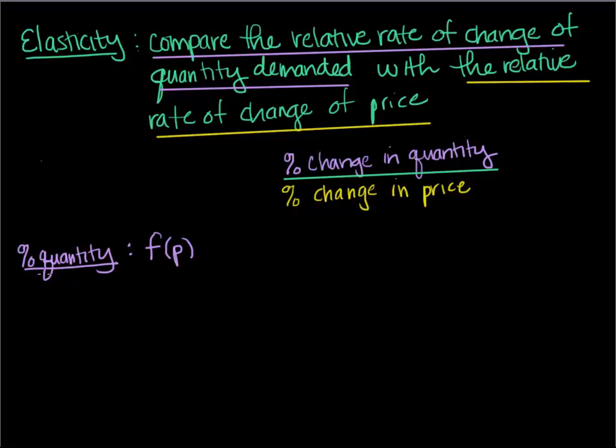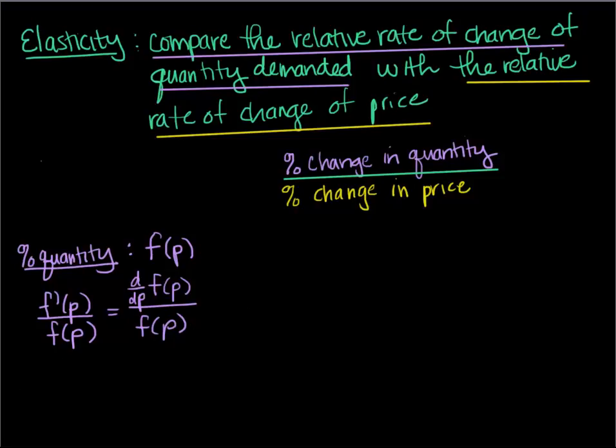So my percent change in quantity is going to be f primed of p divided by f of p, all with respect to p. Another way I could have said that is d dp of f of p all divided by f of p. Remember, that's a function of price.